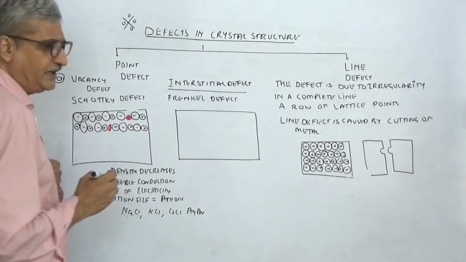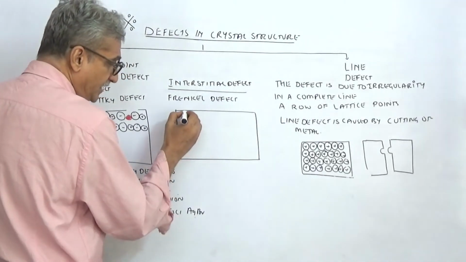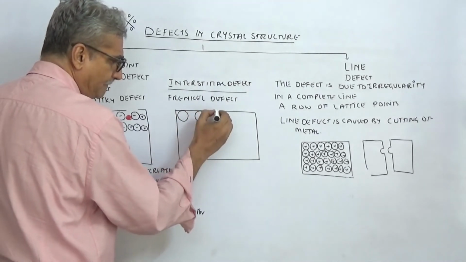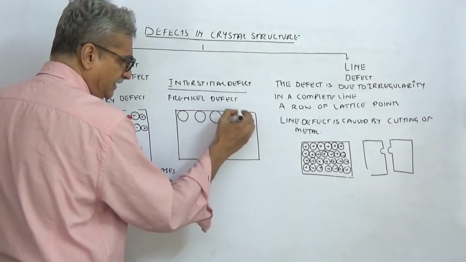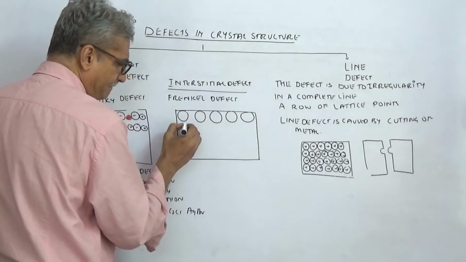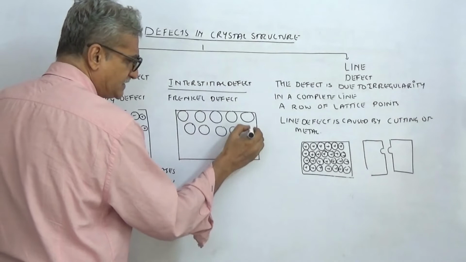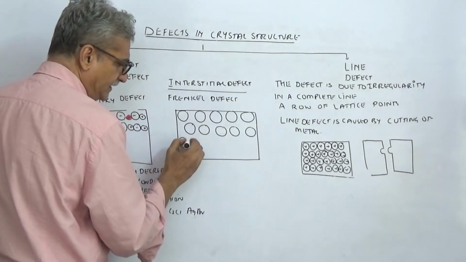So when you're talking of Frenkel defect, what happens? If the cationic size, I'm just putting the anions as bigger. I told you, anions are always larger; anionic size is larger than cationic size.